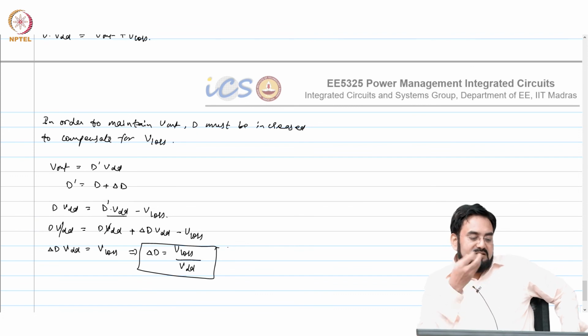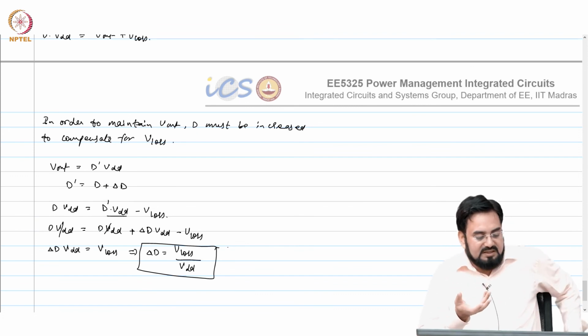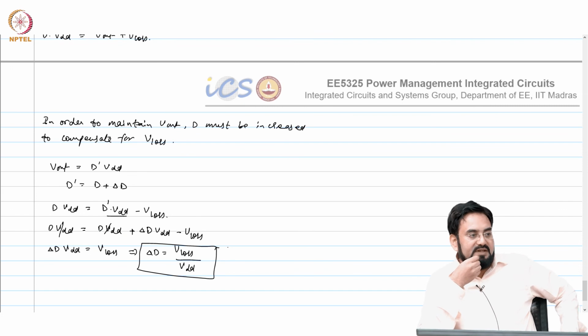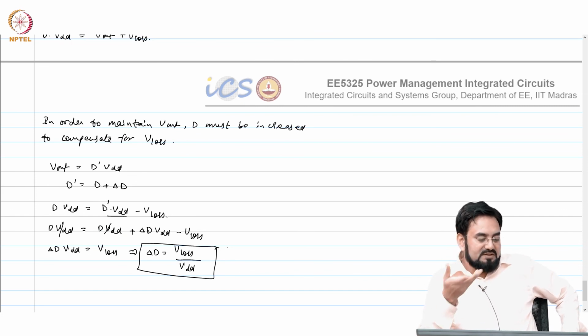Which means the change in duty cycle required is nothing but the ratio of V loss over VDD, or V loss is nothing but delta D times VDD. So, if you know the V loss, you can calculate how much duty cycle you need to change in order to get the same output voltage.